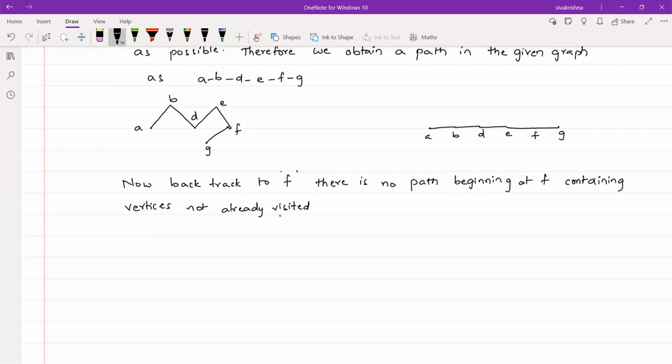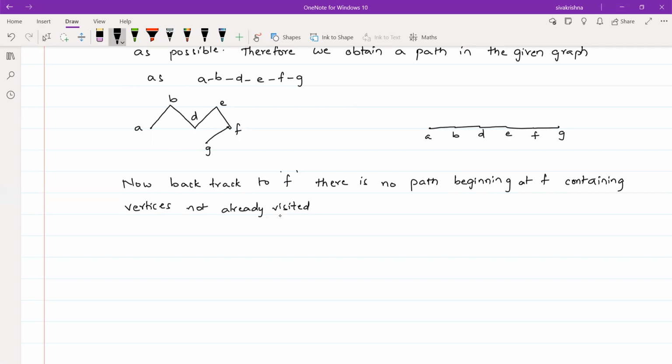So we are not having any new path from F. We will still require one more vertex to find the spanning tree. So if I draw a path from G, we are getting a cycle. So I move back to the vertex F, and under the particular vertex F, we are not having any new path containing the vertices not already visited.